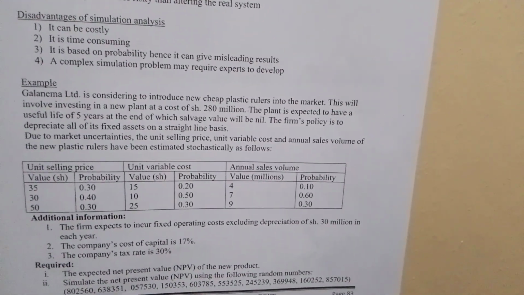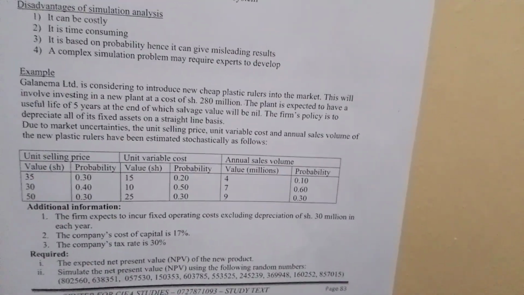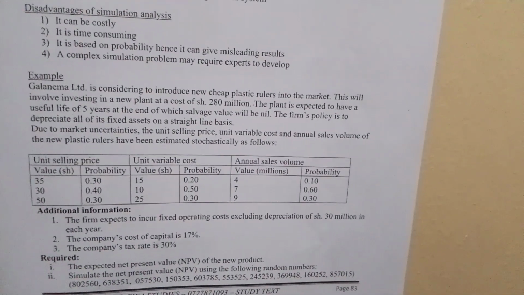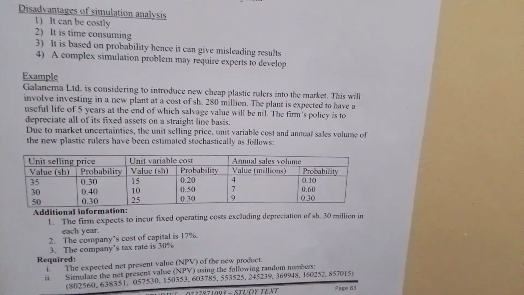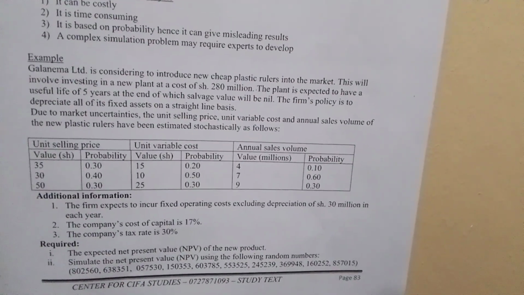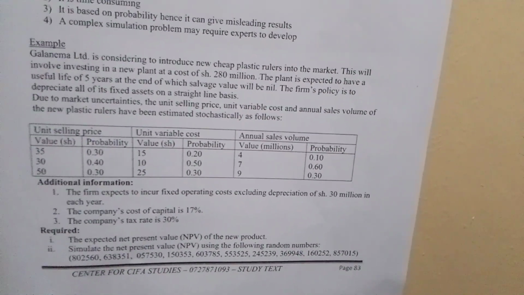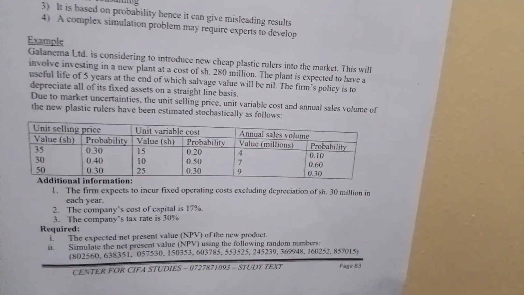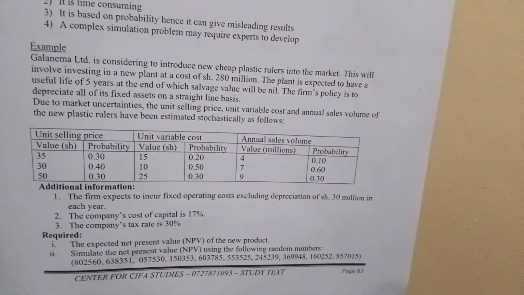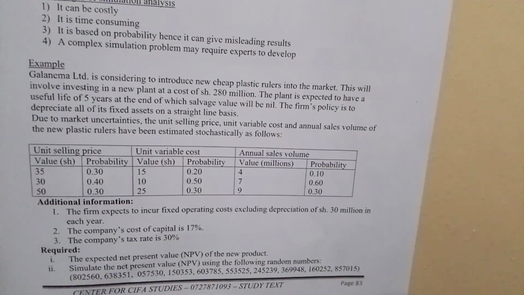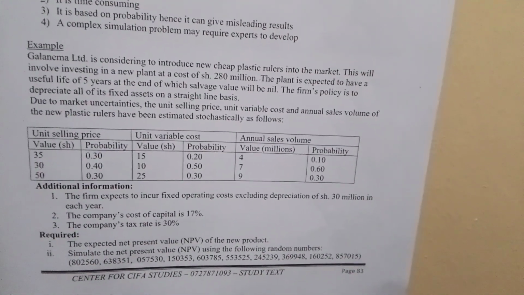Expected annual sales, the same. So go through that question and you understand the steps that we follow when doing simulation. Another important thing for you to understand is the accumulation, how to accumulate cash flows. That would be quite important.